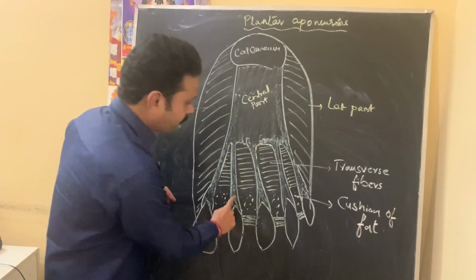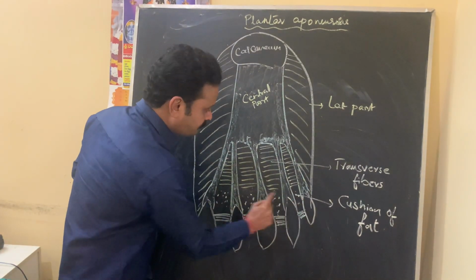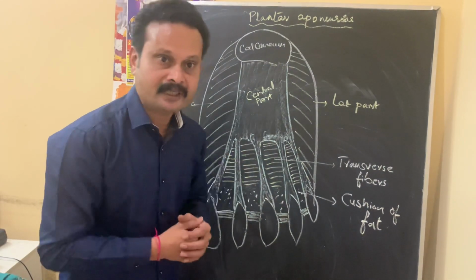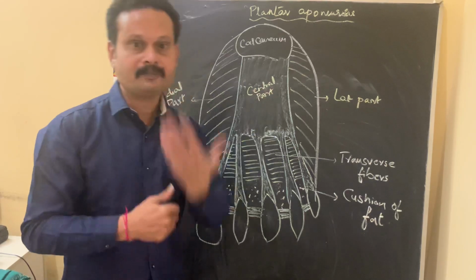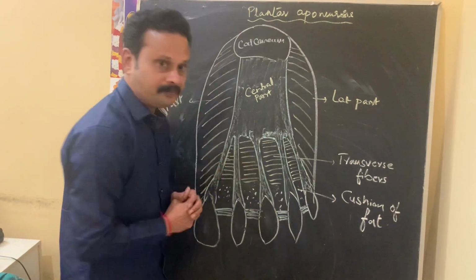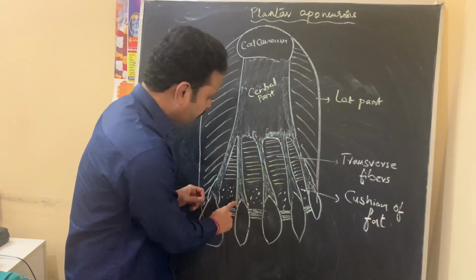And at places between the digital slips, cushions of fat are present, abundant amount of fat is present to protect the underneath plantar vessels and nerves. And each digital slip divides into superficial and deep stratum.